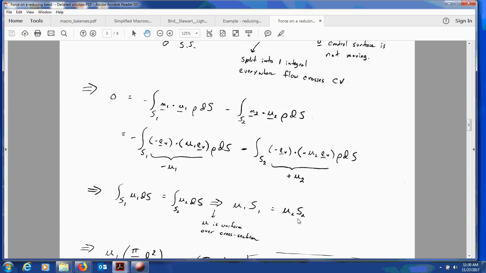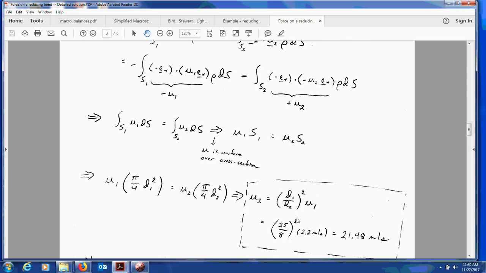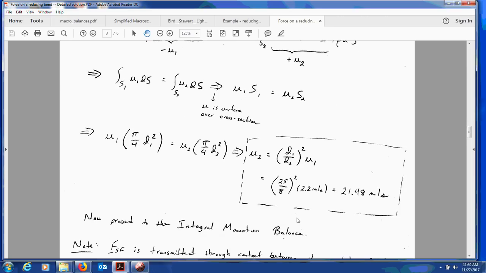And that's just equal to u2 times the cross-sectional area at position 2. Since it's a circular pipe, we can simply substitute this here. u1 times S1, S1 is pi d1 squared over 4, is equal to u2 times S2, S2 is pi d2 squared over 4. Solving for u2, we see that it's equal to (d1 over d2) squared times u1.